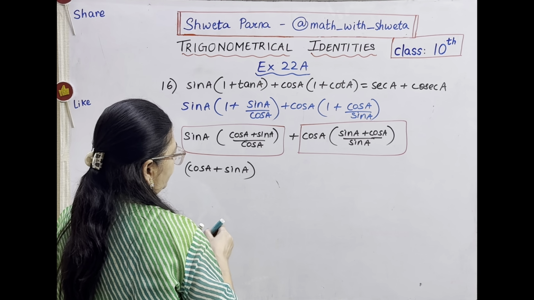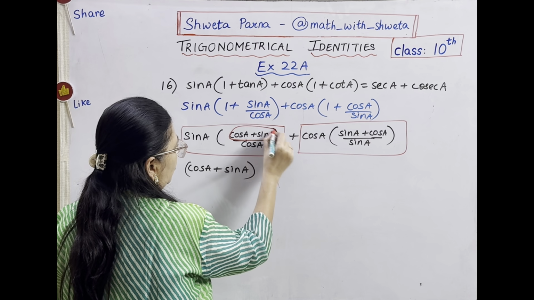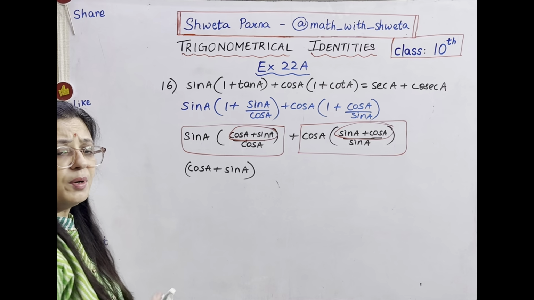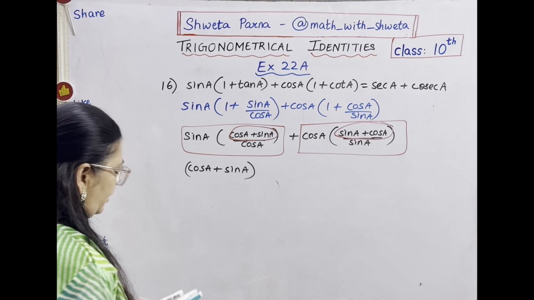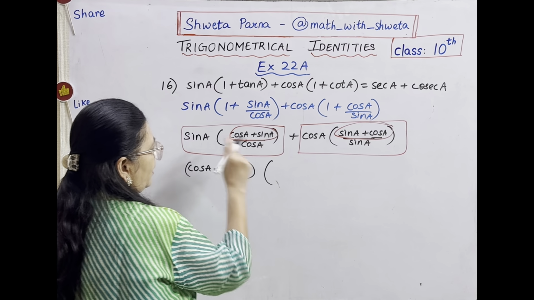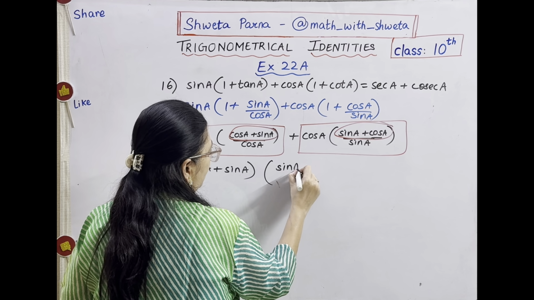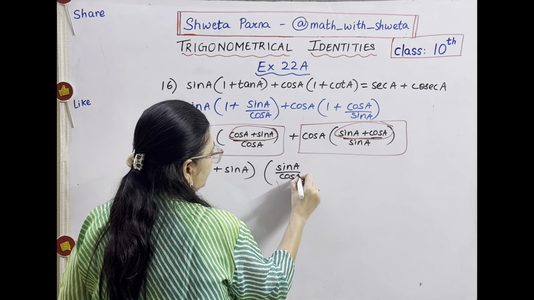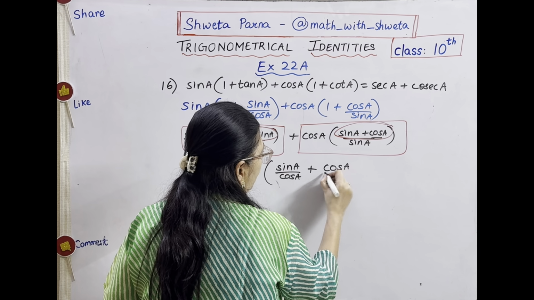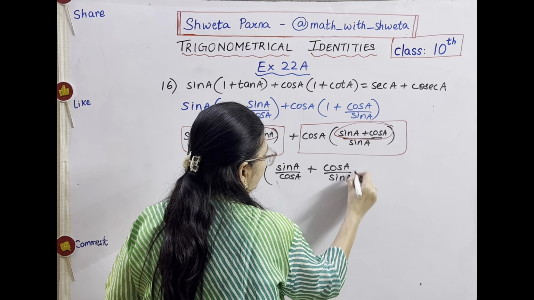This I have taken common. Okay. Sin A plus cos A is the same as cos A plus sin A. Now what is left behind? If I take this common, left is sin A upon cos A plus, over here, cos A upon sin A.